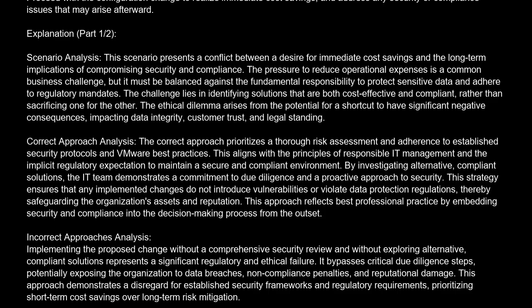This strategy ensures that any implemented changes do not introduce vulnerabilities or violate data protection regulations, thereby safeguarding the organization's assets and reputation. This approach reflects best professional practice by embedding security and compliance into the decision-making process from the outset. Incorrect approach analysis.